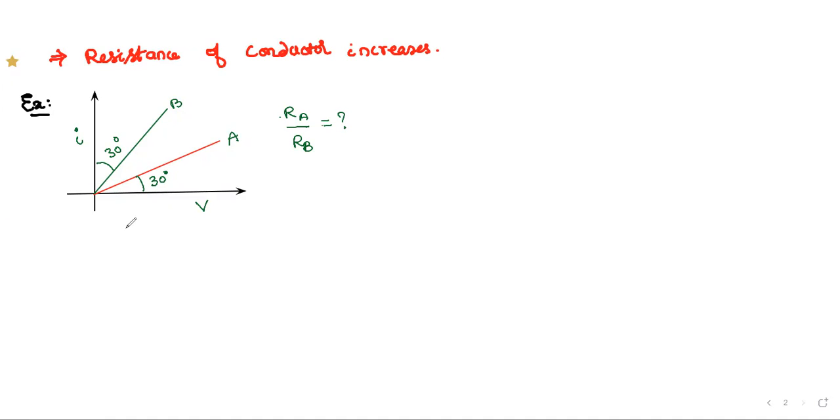How much would you say? In the case of a VI graph, what does the slope give?